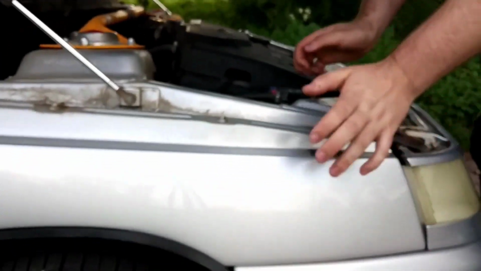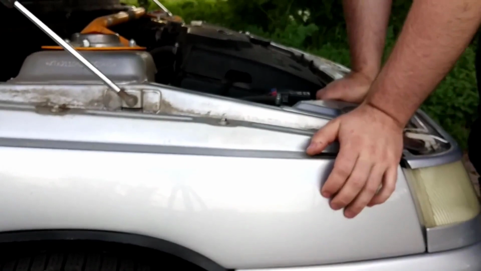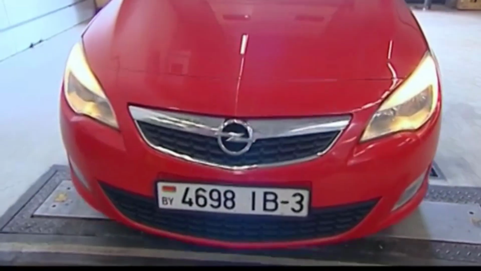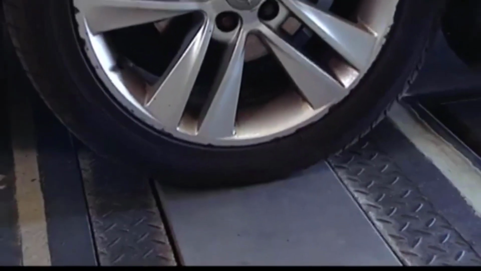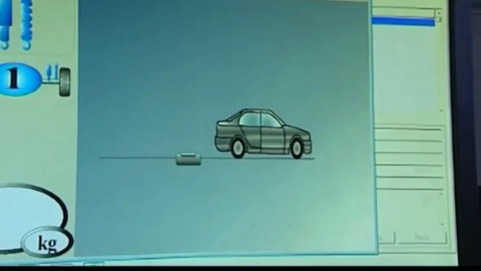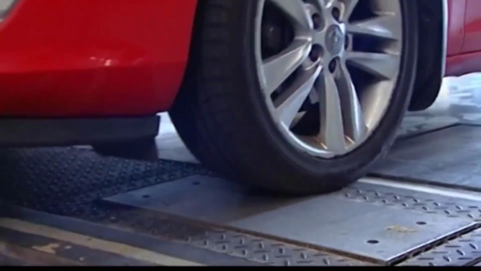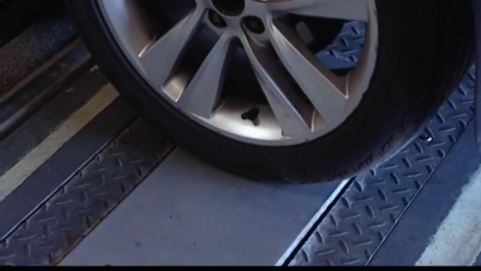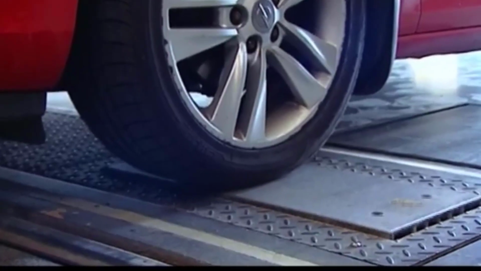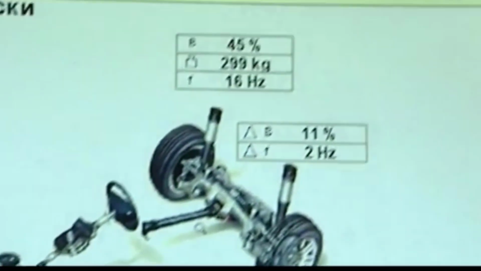Moreover, for accurate diagnostics of the shock absorbers of the car, a special vibration stand was invented, which simulates an oscillatory motion similar to the operating conditions of the car, where special sensors in the stand evaluate the response of the shock absorbers to the oscillatory movements created.